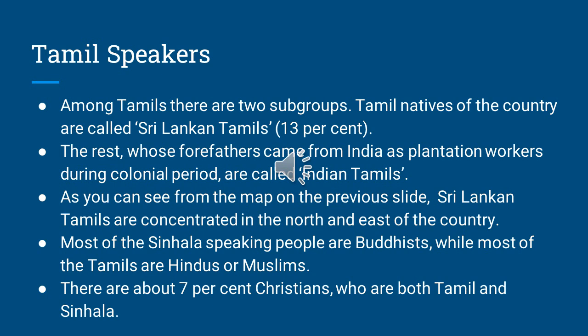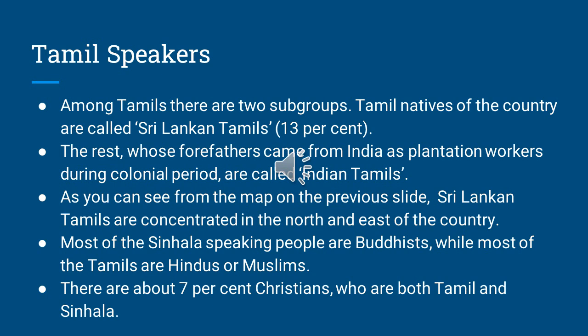As you can see from the map on the previous slide, Sri Lankan Tamils are concentrated in the north and east of the country. Most of the Sinhala speaking people are Buddhists, while most of the Tamils are Hindus or Muslims. There are about 7% Christians who are both Tamil and Sinhala.